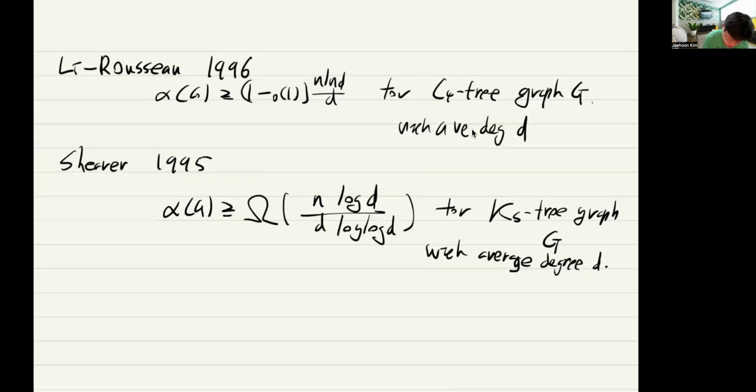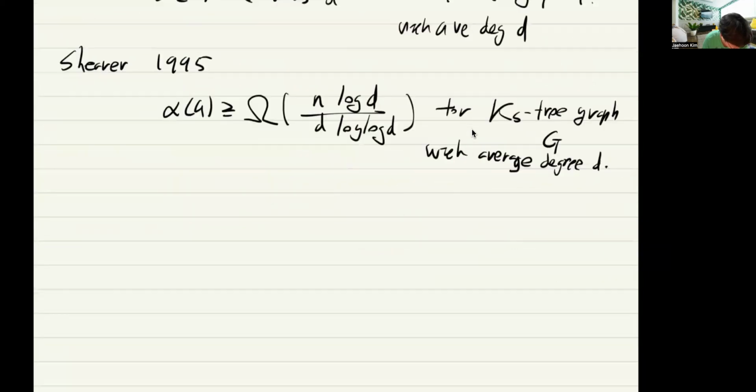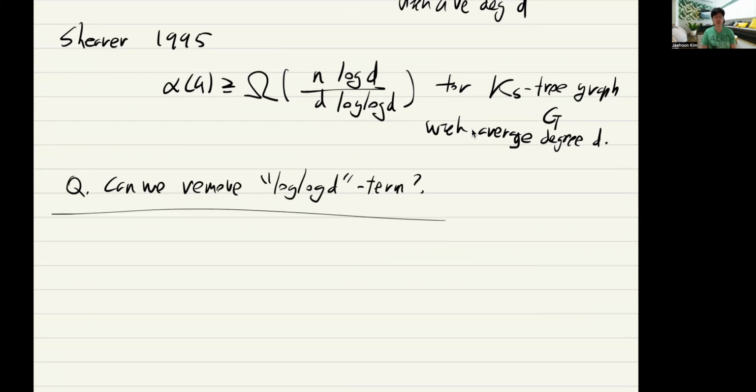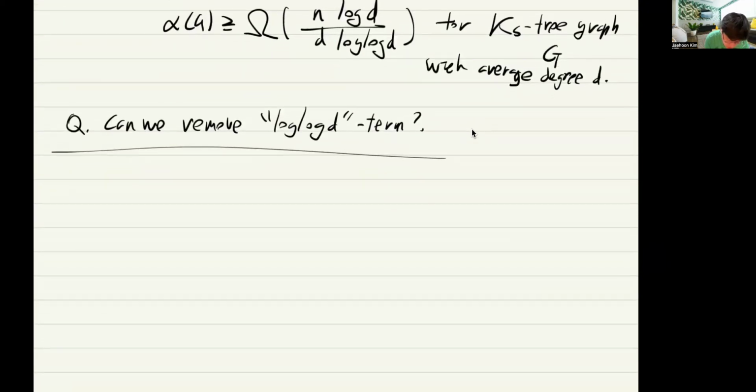So there is this additional log term, but one natural question is, can we remove this log d term? So it's conjectured that this term would be removed. So for K_s free graphs, for arbitrary s, essentially the same bound as for triangle free graphs will hold. But this is still open.